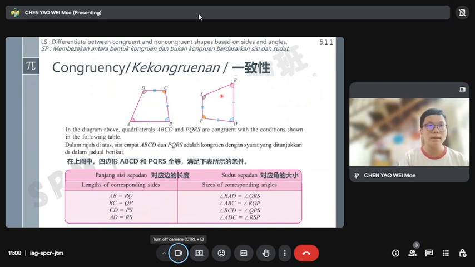They are congruent. We see if the angle here and here are the same, or the side is the same, two must be fulfilled, then you can say that is congruent. They are congruent.